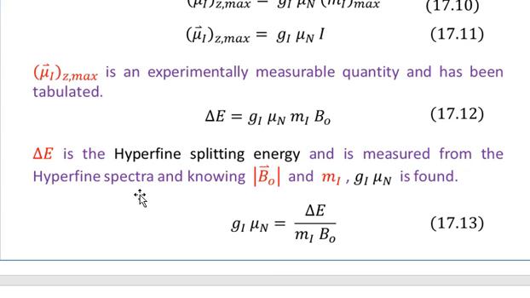So knowing the magnitude of the external magnetic field B naught, and knowing the value of Mi, you can find the value of Gi into mu n as given in equation number 13. You can solve equation number 12 for Gi into mu n, which is given in equation number 13 as Gi into mu n is equal to delta E divided by delta Mi into B naught.